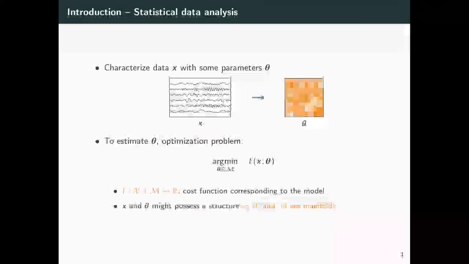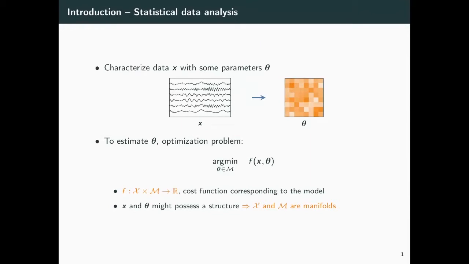So first, an introduction. In statistical data analysis, what we aim to do is, given some data, find some parameters, theta, that statistically characterize this data.